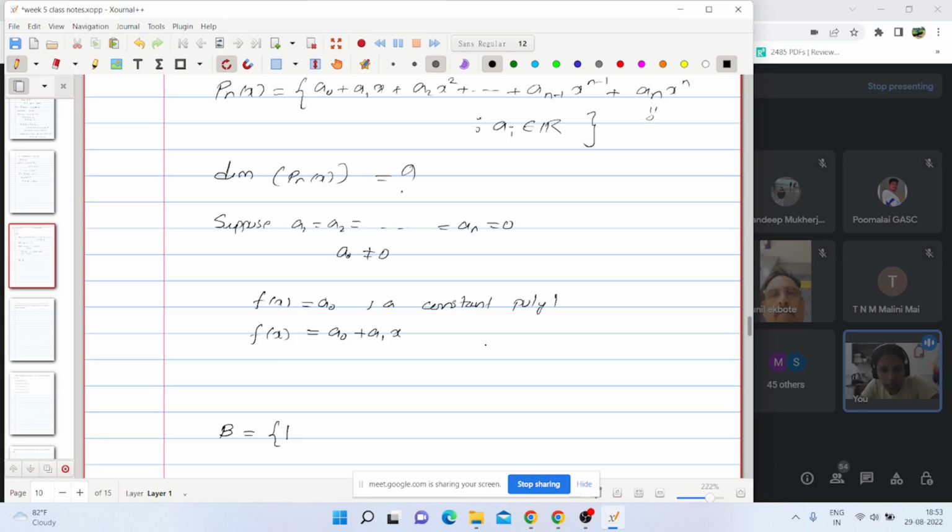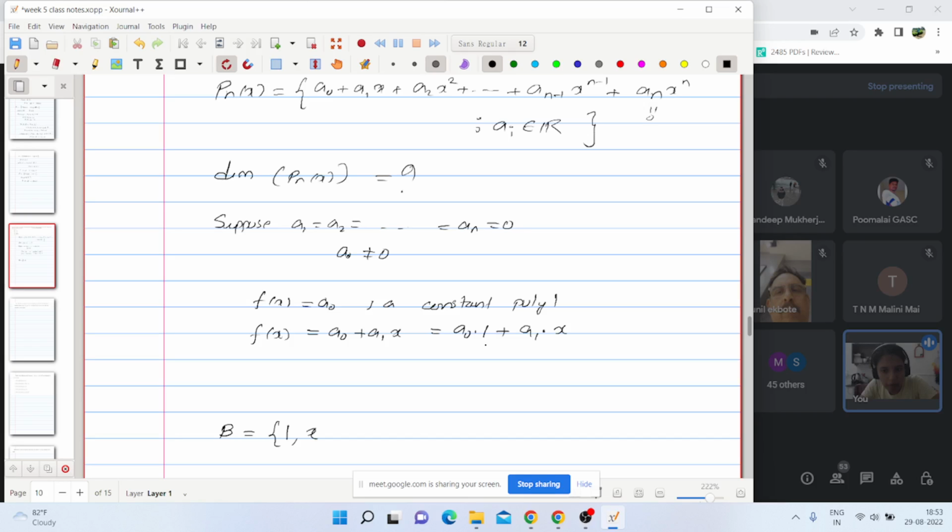So 1 is already in our basis. Now I am adding this x also. So we got 2 elements in our basis, 1 and x. The constant element will be generated by the first, and the first degree polynomial will be generated by the second.